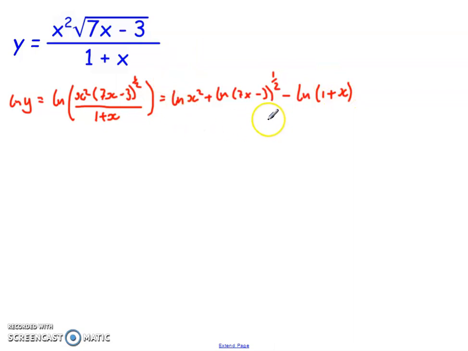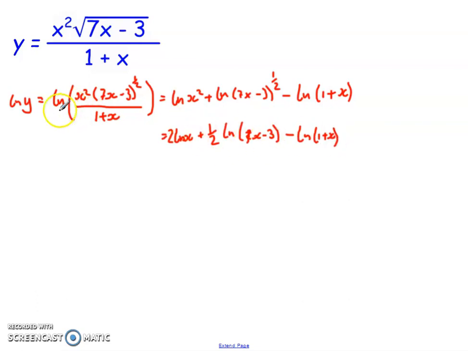So there you go, I've split it up that way, but I can then go one step further by using the rule which involves a power. So I can then rewrite it as 2 times ln x plus a half ln of 7x minus 3, take away ln of 1 plus x.